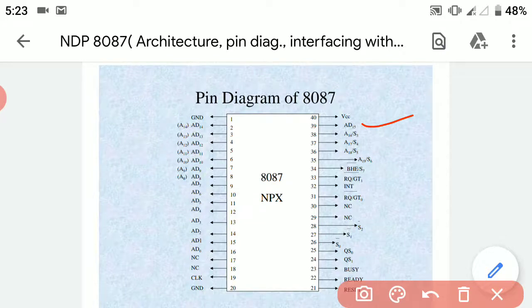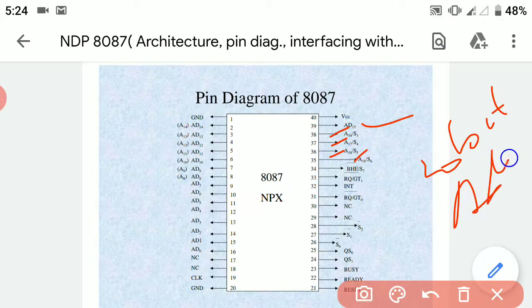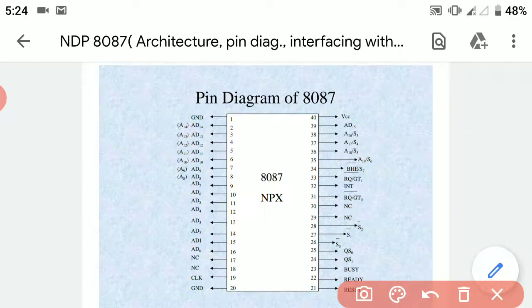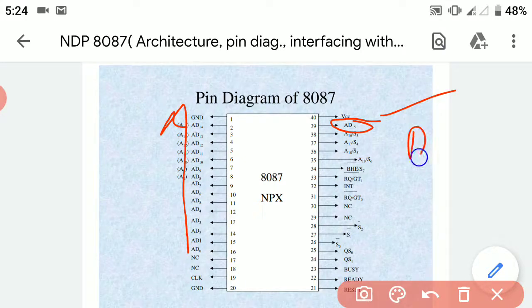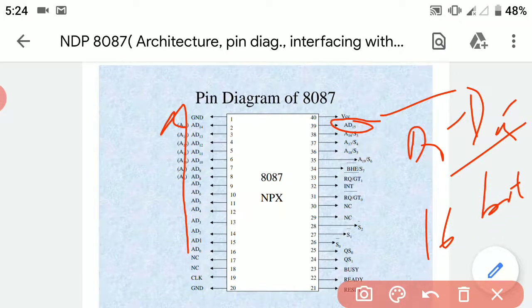Actually we have a 20-bit address bus, so here we have A16, A17, A18, A19, and from A0 to A19 that is the 20-bit address bus. The data bus is from AD0 to AD15, that is D0 to D15. We have a 16-bit data bus.